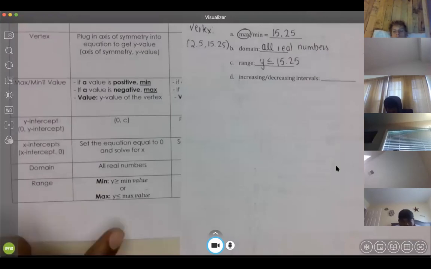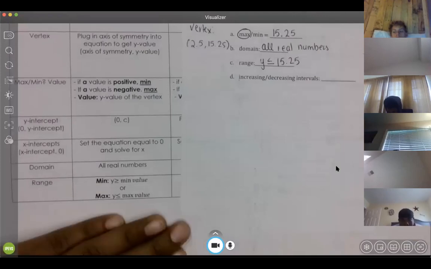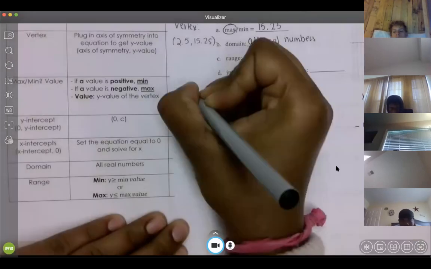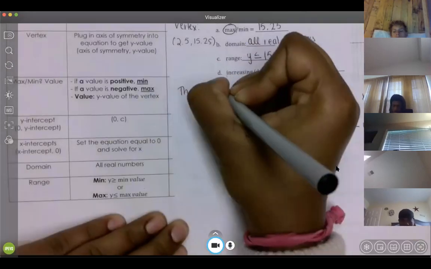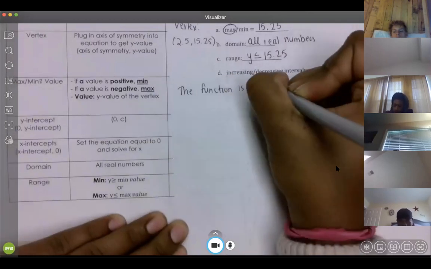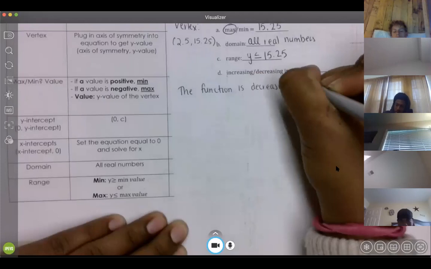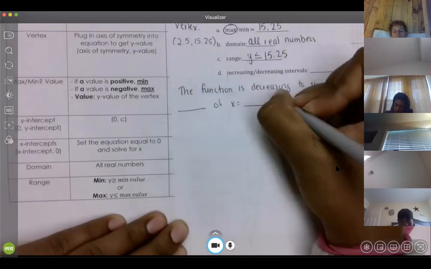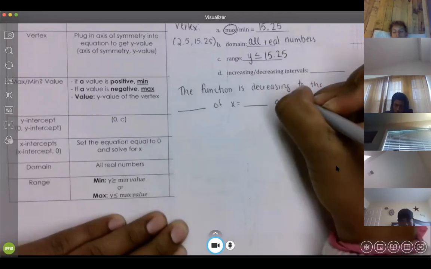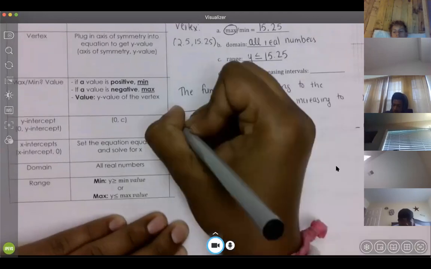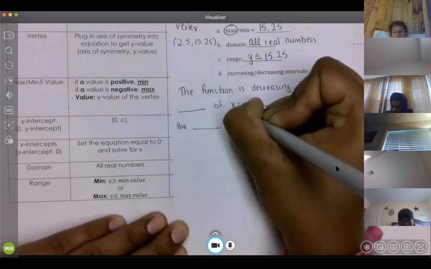Remember, since it's a maximum, it has to be less than or equal to. And the last part, we're going to do the increasing and decreasing values with the blanks. So the function is decreasing to the blank of x equals blank and increasing to the blank of x equals blank.